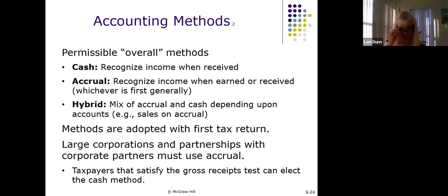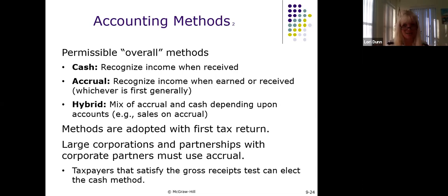So what are our permissible methods to choose from? Well, we have cash, and we already talked about when you can use cash accounting. And you can see right in here, the methods are adopted on your first tax return. Now, cash, we recognize income when we receive it. Okay, so there's no unearned revenue here.